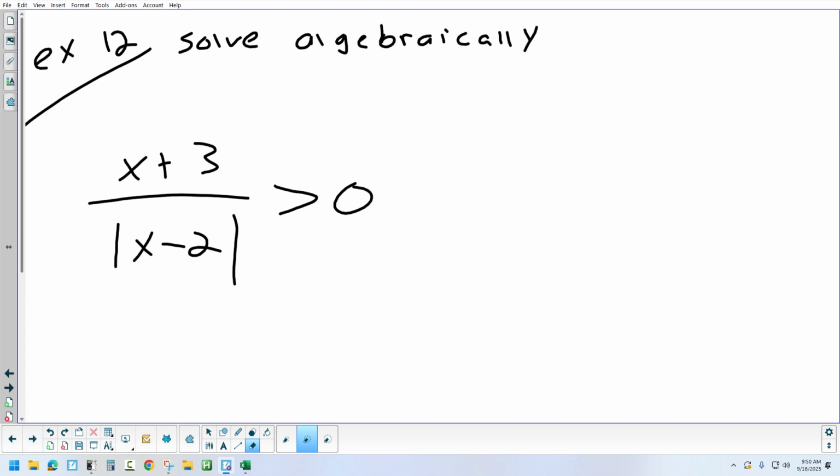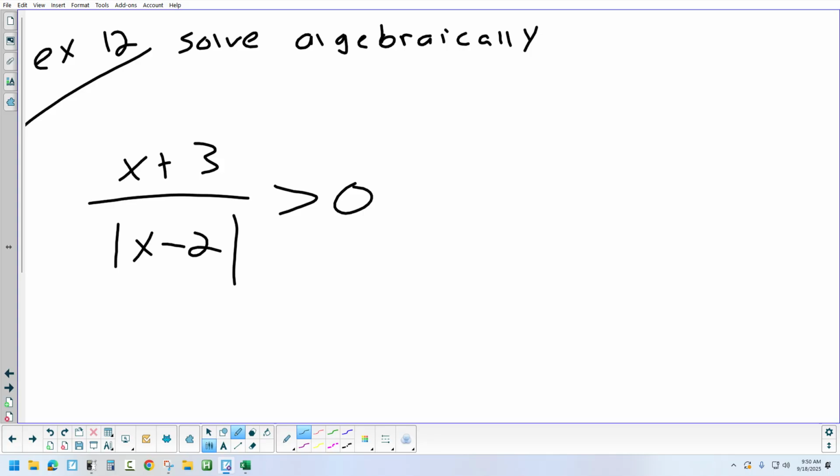All right, let's look at this one. I want to solve for when this is greater than 0. So think about what it means to divide two things and get an answer greater than 0. What has to happen if mathematically you divide two numbers and you get an answer bigger than 0?